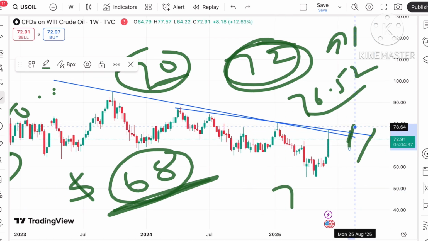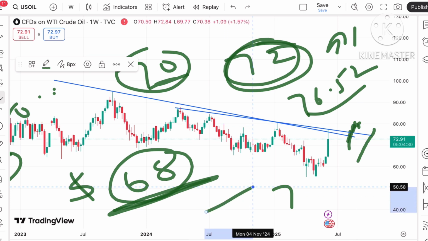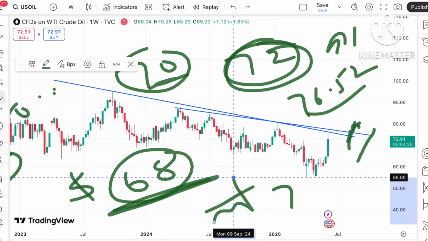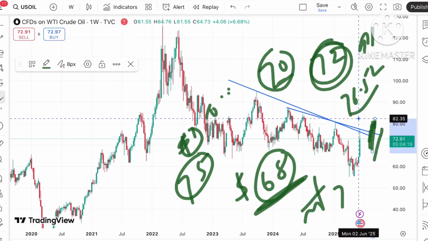After that it can touch a level of 78.64 to 80.54. 80.54 is already being tested, so the price can go further upside. If the price moves above this level, the probability of going towards 81 and also towards 82 is there.